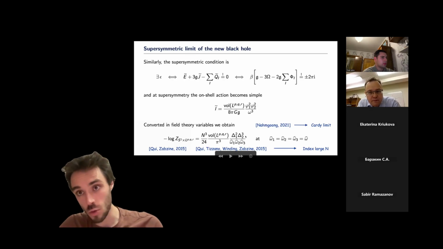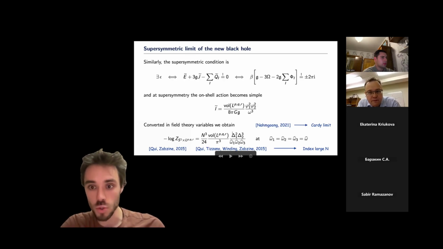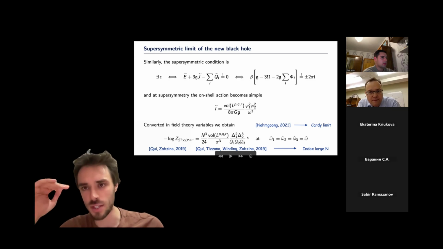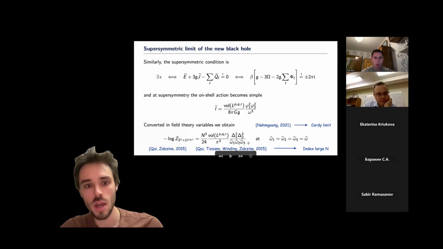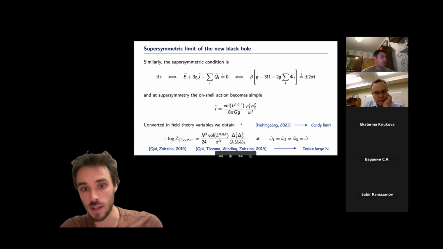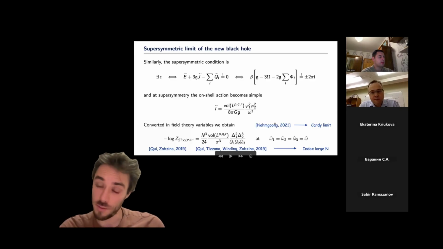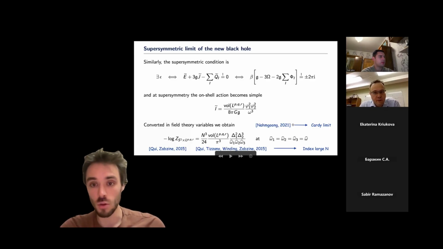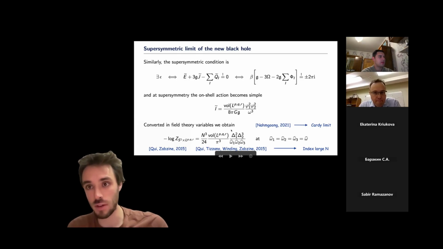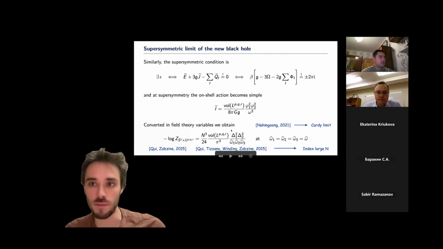And in addition, if you want to describe black holes, you have to go on this second sheet that I was telling you about. This paper, 2015, didn't go on the second sheet. They calculated something, but not on the second sheet. This paper right here used a different method, known as the Cardy limit, to obtain this expression. So now you have a gravity result, and that would instruct some calculations happening in field theory.